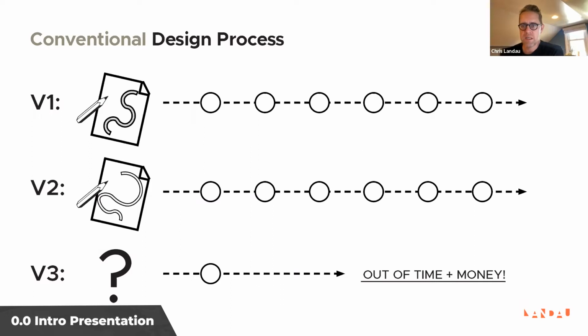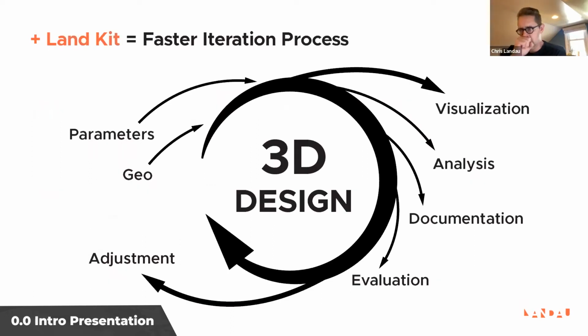And the next slide, which allows us to have a series of inputs, simple geometries, parameters, things like that, flowing into a parametric workflow that can provide visualization, analysis, documentation, and evaluation at any given point in your iterative process, right? So as you're shifting things around, you're always seeing what the design is in 3D, often.